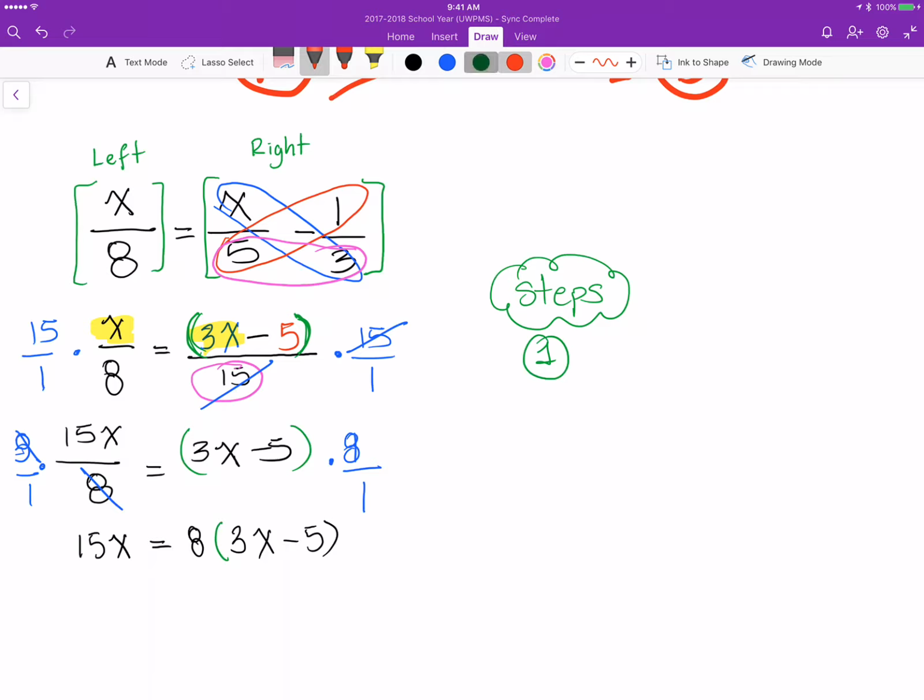Now we're at step 2. But my steps are becoming more complex in step 3. I'm going to now distribute that 8. I'm going to rewrite 15x equals, what is that, 24x minus 40.